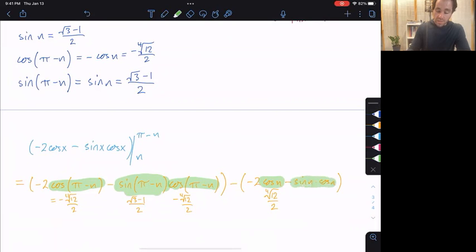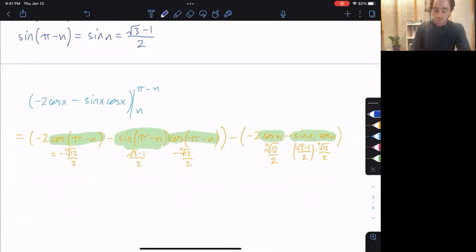And sine of n times cosine of n, this is going to be root 3 minus 1 over 2 times, in quantity, fourth root of 12 over 2. Now we just need to be careful with minus signs and distributing and all that jazz.